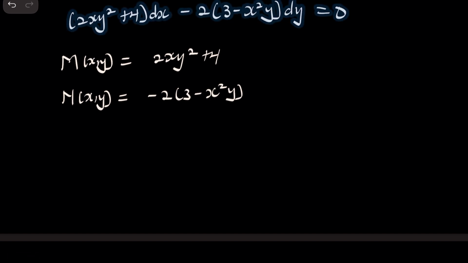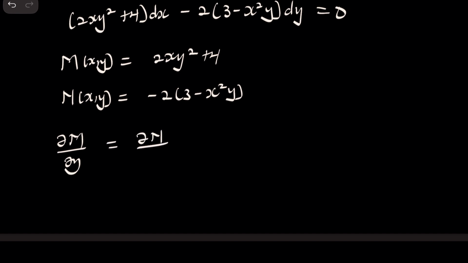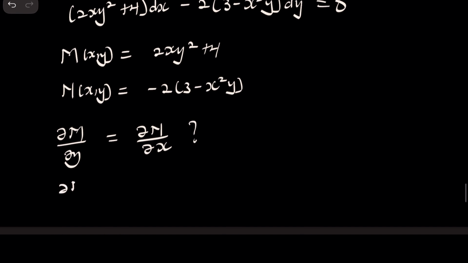We now check for exactness, so we check if partial of m with respect to y will be the same as partial of n with respect to x. And so let's compute partial of m with respect to y. So we are going to keep x as a constant in this case. When we differentiate this guy with respect to y, we are going to have 4xy. Now let's differentiate n with respect to x.